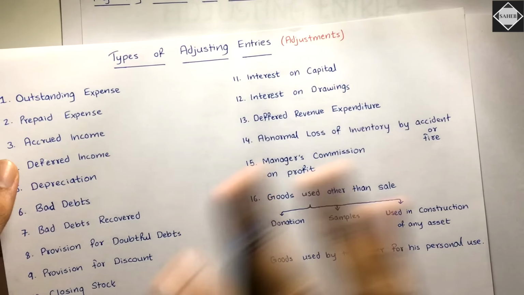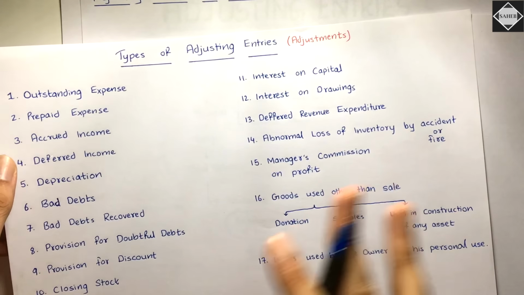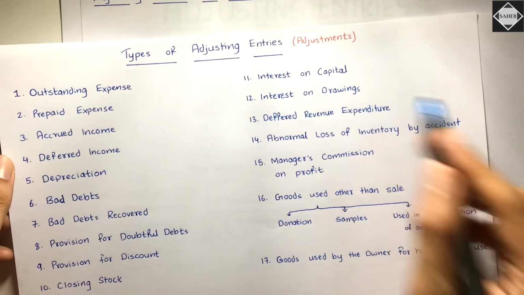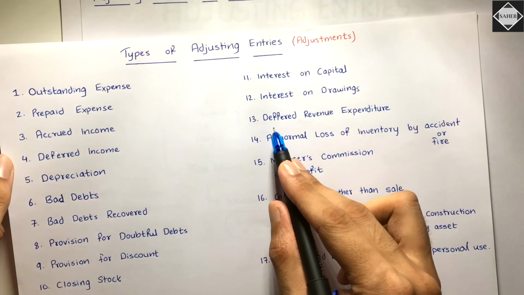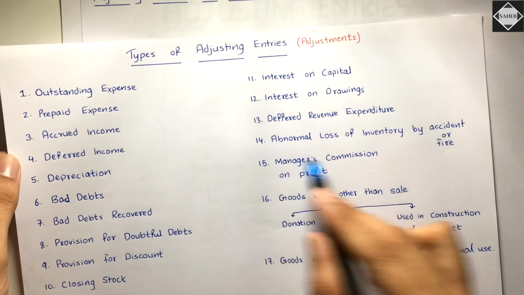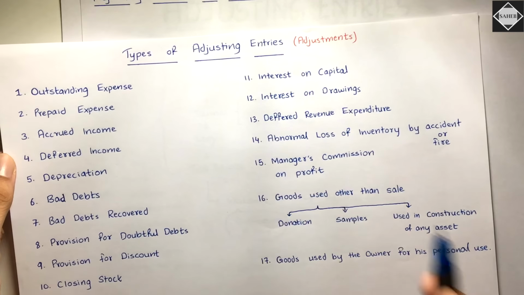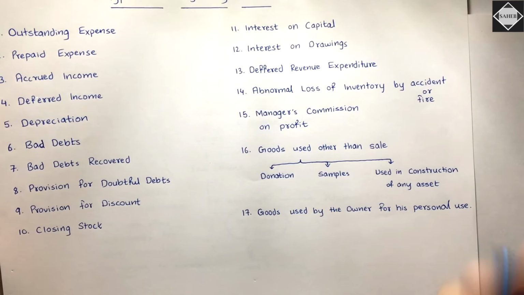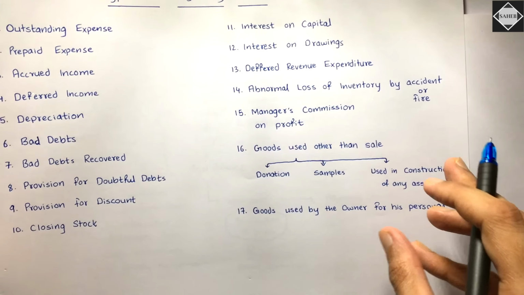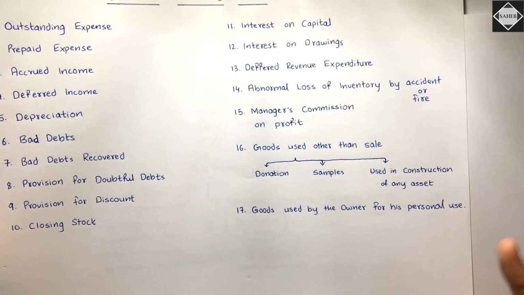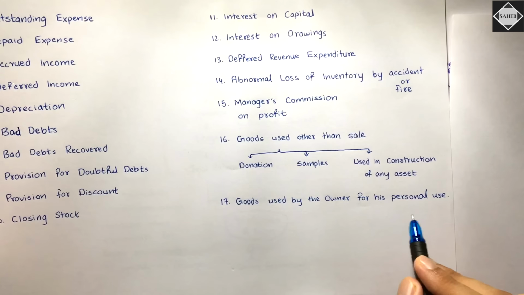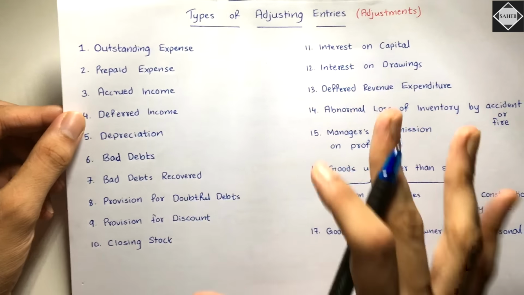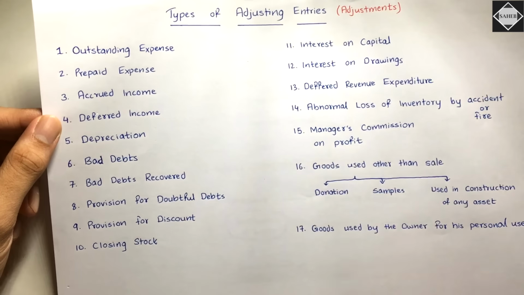If you're talking about a single owner business, proprietorship, non-corporate, then there will be interest on capital, interest on drawings, and then deferred revenue expenditure, abnormal loss, manager's commission on profit, goods used other than sales such as donations, samples given, used in the construction of any asset or maintenance of the business, or goods used by the owner for his personal use, any other provision that is required. Lots of different adjustments can be there depending upon the cases.